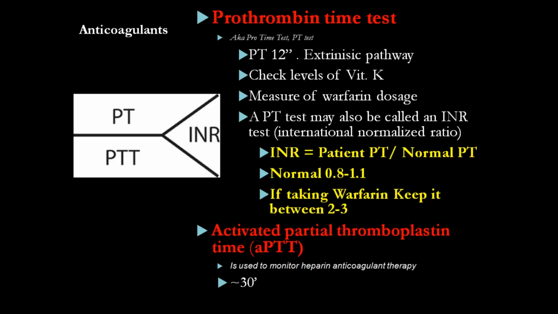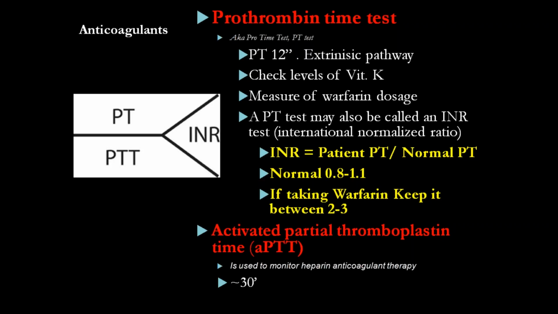The normal value is 0.8 to 1.1, that is the normal INR. It is better to use this ratio than only the PT, because you have two numbers that are going to be assessed. That's why we use INR more than PT.